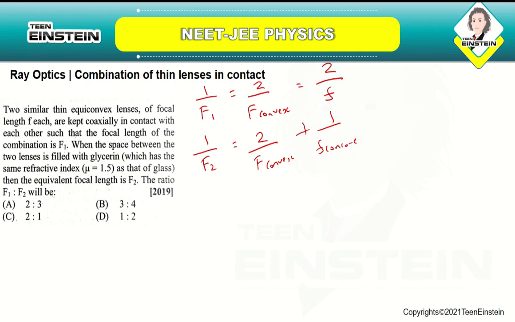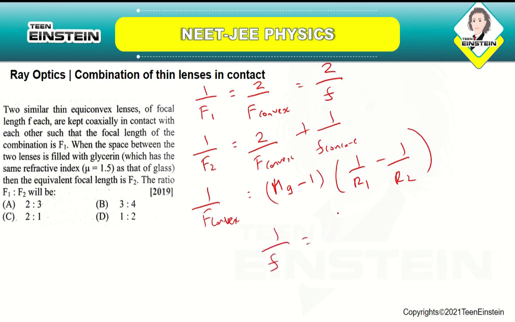So first we have to find out what 1 by f is. Here 1 by f convex is given by (mu g minus 1) into (1 by r1 minus 1 by r2), so 1 by f is equal to 1 by r.